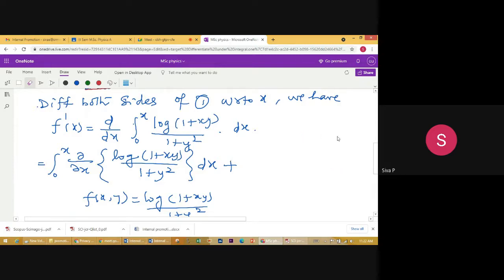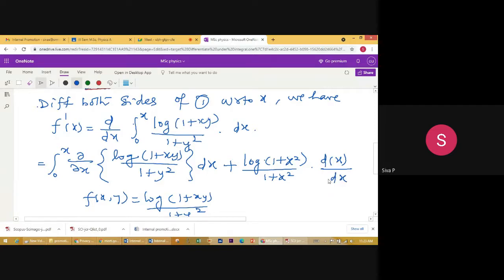So plus log 1 plus x square, plus log 1 plus x square divided by 1 plus x square into d of x by dx.